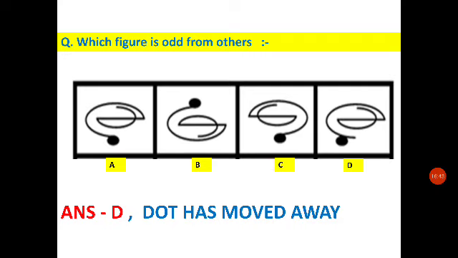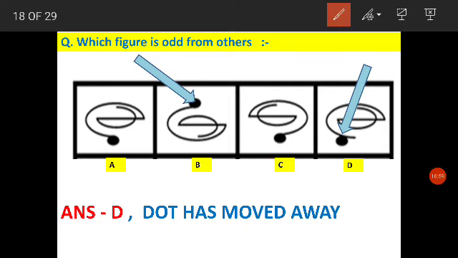But in figure D, if you see, firstly the position of the dot has changed, and secondly, actually all the figures are moving in clockwise direction, but this figure has actually moved in anti-clockwise direction. So our answer is D.